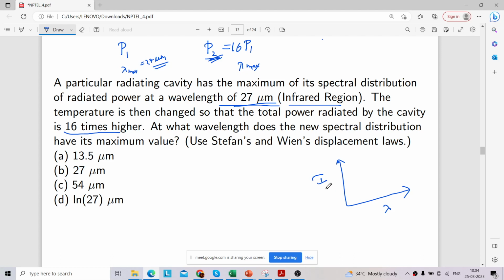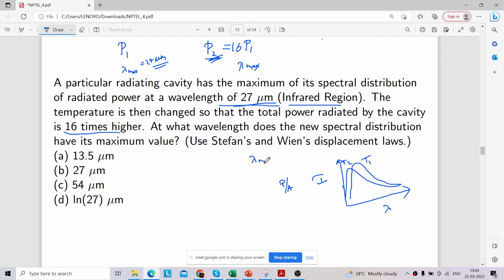Intensity is power over area. So we will have some distribution for intensity in terms of lambda, and it is temperature dependent. If the temperature increases, the wavelength of maximum intensity will decrease, right?